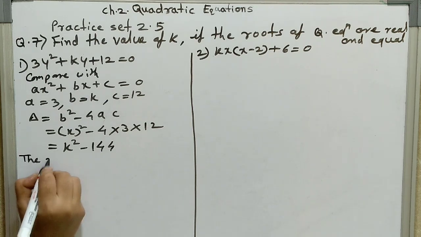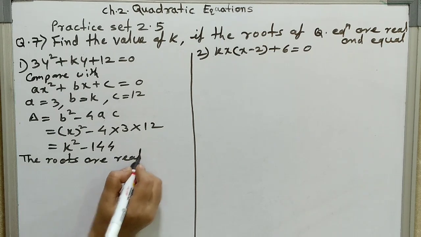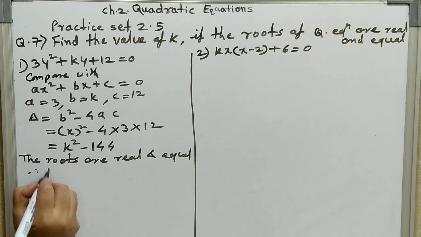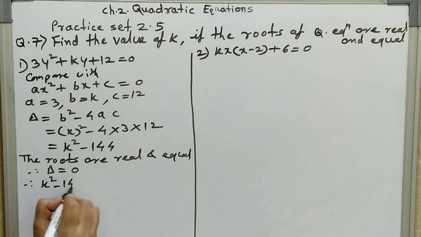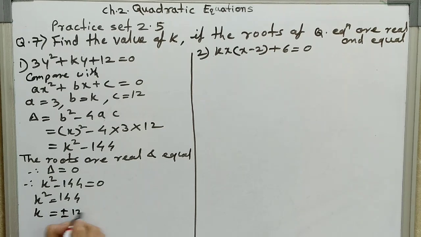So we write here the roots are real and equal. Therefore delta is equal to 0. Therefore k square minus 144 equal to 0. So k square is equal to 144. Taking square root both sides, k is equal to plus minus 12.